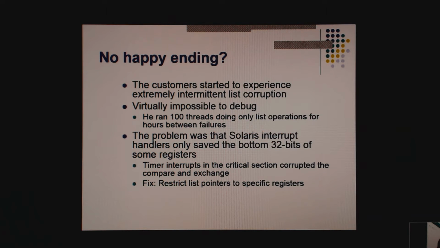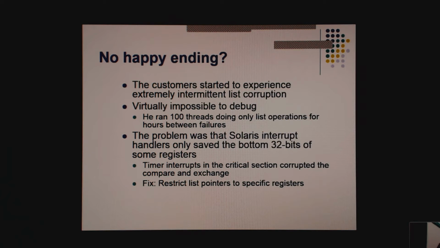Spark is a register-rich architecture, so it's expensive to save all the registers in your interrupt handler. Okay, so 32-bit Spark forks only save the bottom 32 bits because 32-bit programs use the bottom 32 bits of a register.